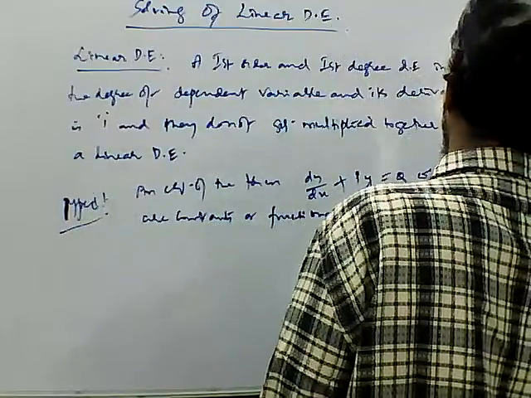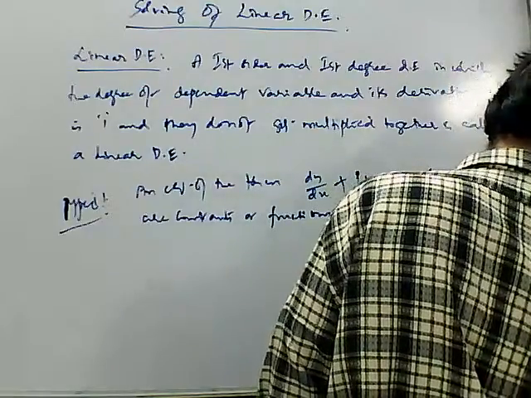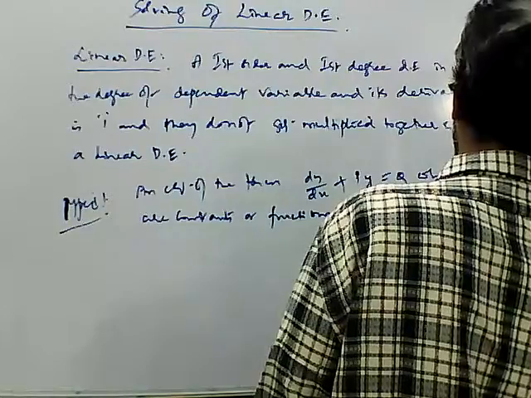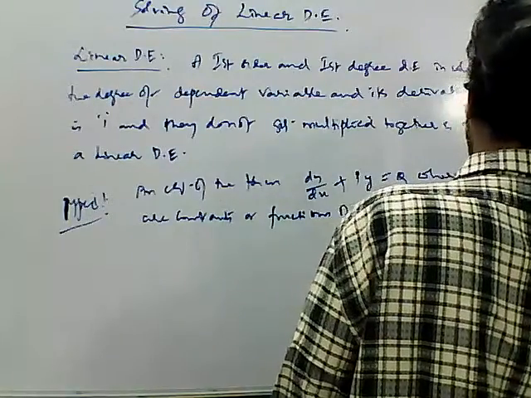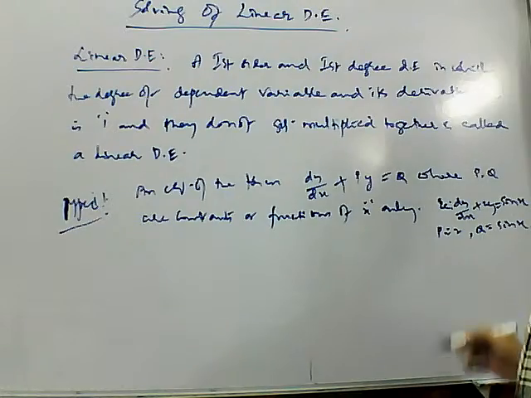Example: dy by dx plus 2y is equal to sin x. P is equal to 2, Q is equal to sin x. So both can be constants, or one can be a function of x, or both can be functions of x.